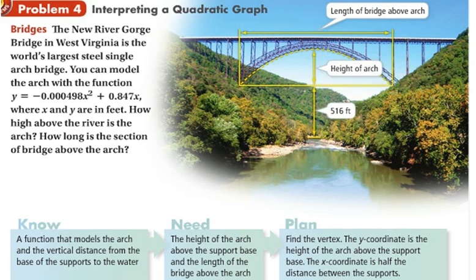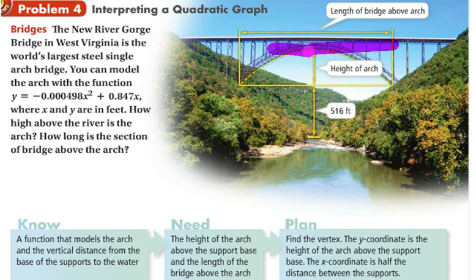So if this was, let's just play like this is 2 feet high right here, that's at y equals 2. It's not, but for example's sake, we'll say it's 2. Then you're going to add 516 plus 2, and that would give you the total height. Do you see that? So that's our plan of attack, just to try to get the vertex so we can get our height. And if we have the vertex too, think of what the x value gives us. The x value is going to give us this 1/2 of it.